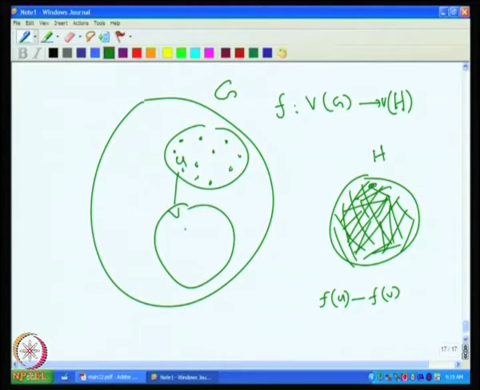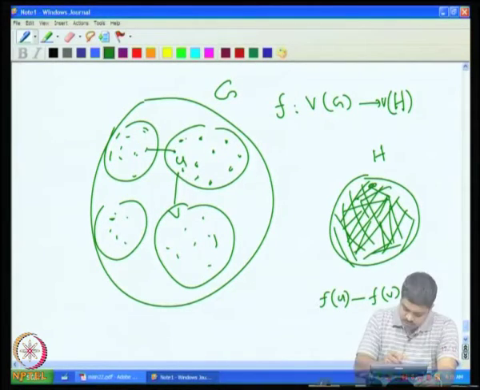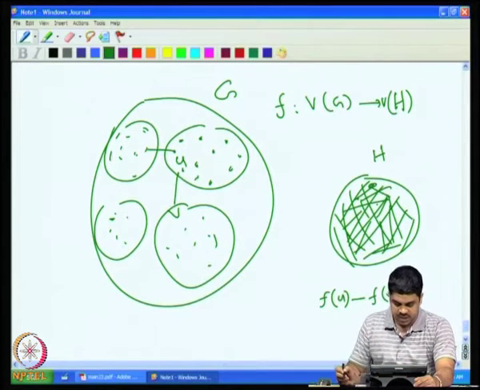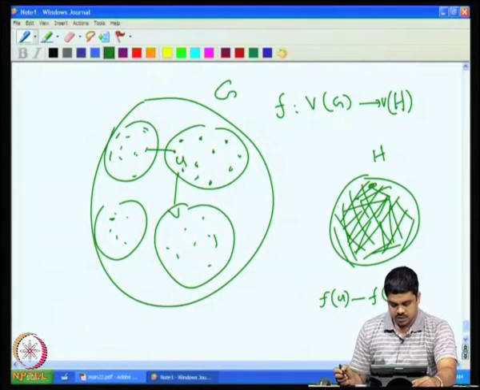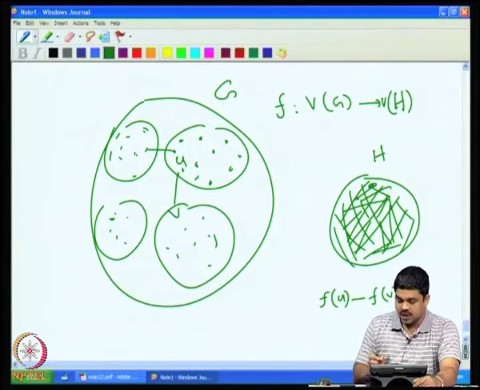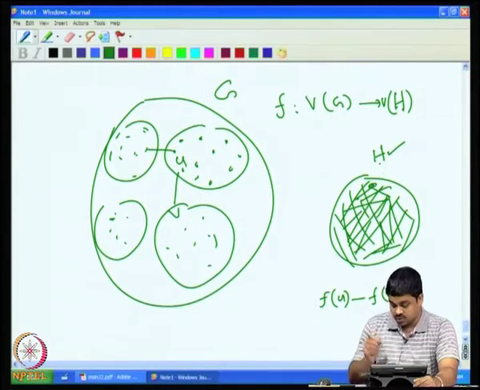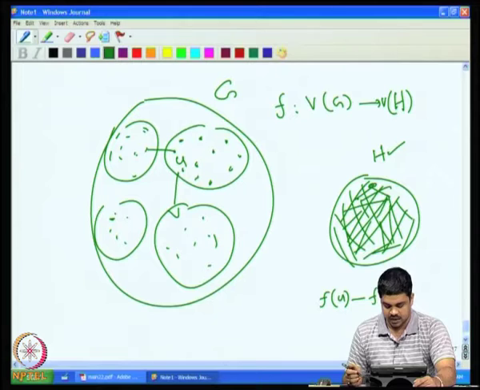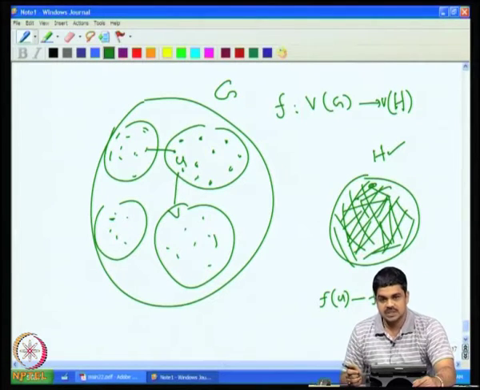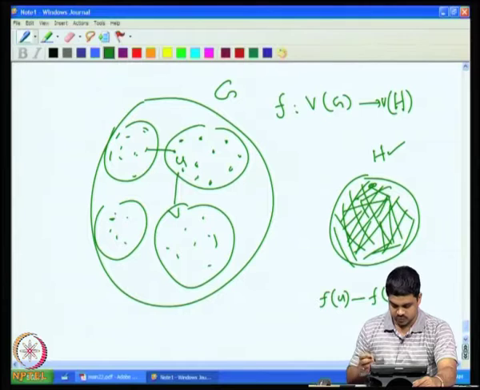So, this will be a coloring, because whenever there is an edge in G, there should be a corresponding edge in H also. Therefore, this will correspond to a coloring, and now suppose H is not a complete graph, it will give a slightly different notion of coloring. So, that is an interesting kind of generalization which one may want to read up.